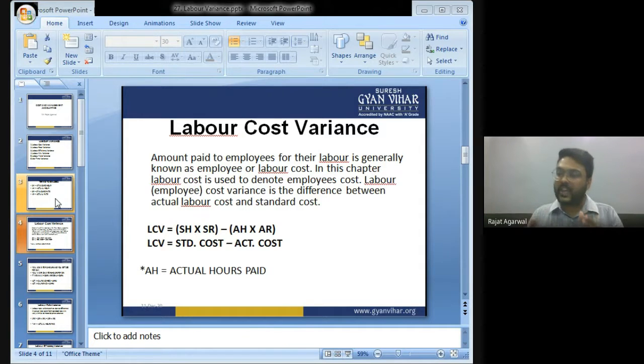The formula is standard quantity into standard rate, then actual quantity into actual rate. Here in labor, in place of quantity, we are taking hours. So standard cost minus actual cost is known as labor cost variance.